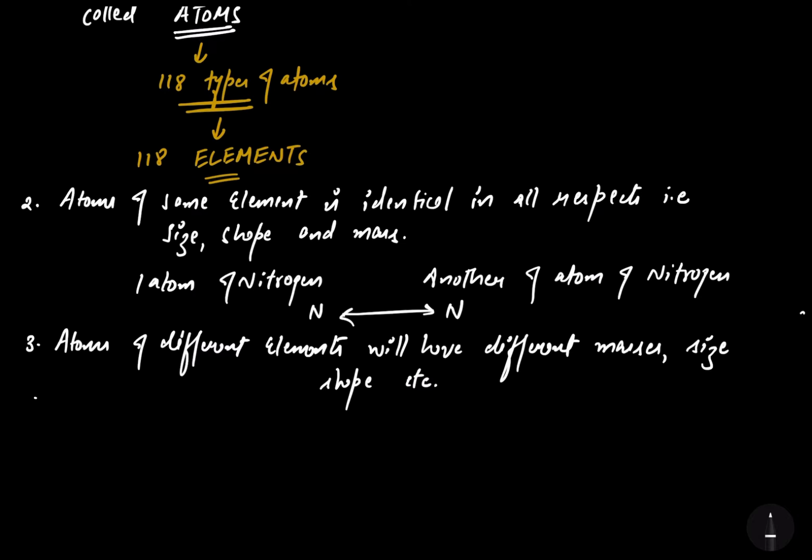So the third point states that atoms of different elements will have different masses, size, shape, etc. That means if I have a nitrogen atom and an oxygen atom, both atoms will have different mass, different size, and a different shape.